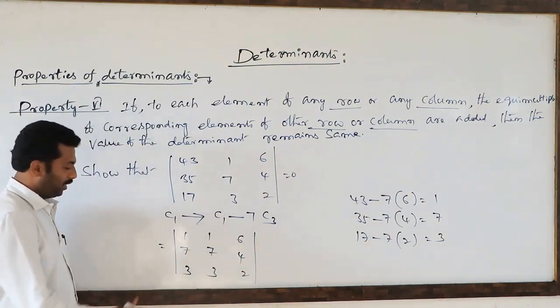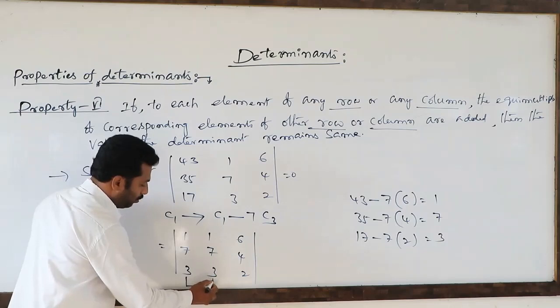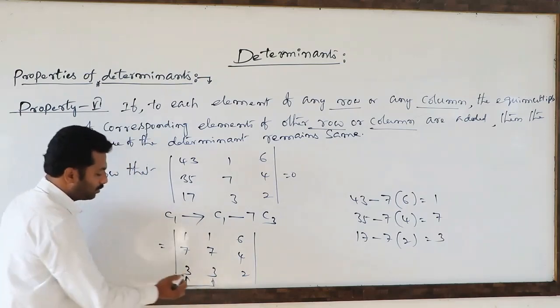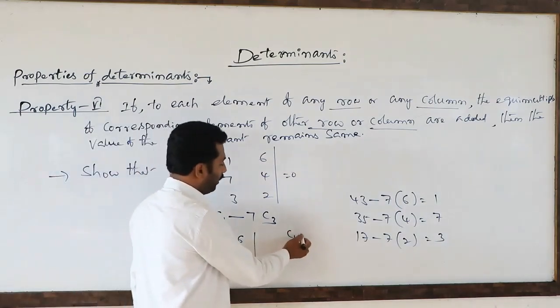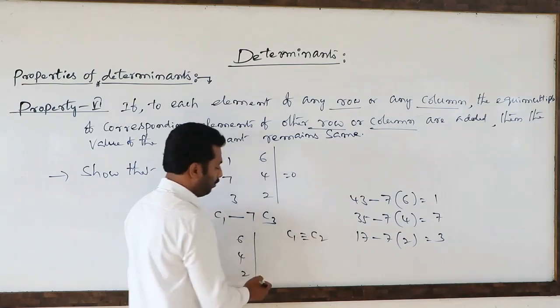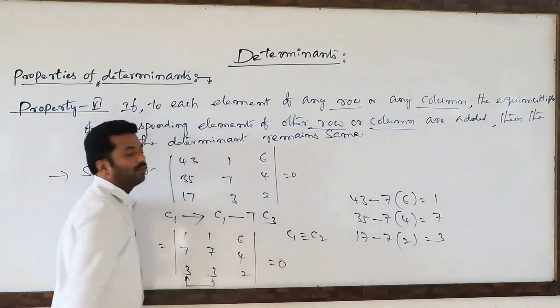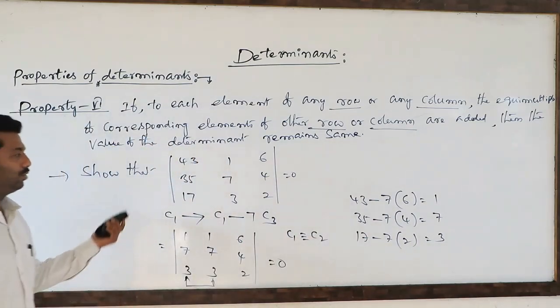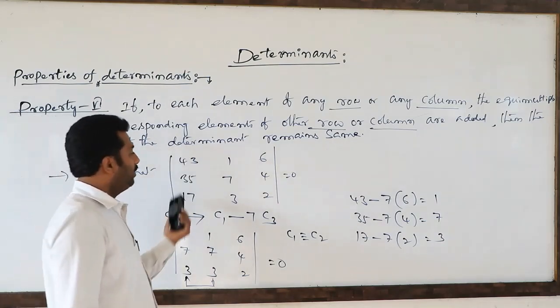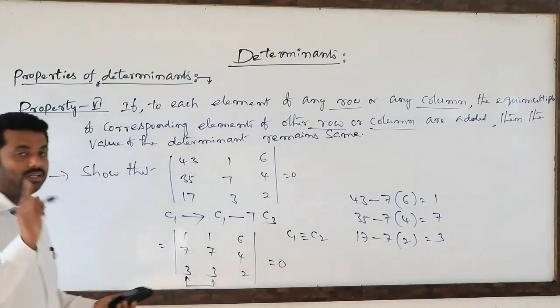You observe that C1 and C2 are identical, so the value of the determinant is always 0. If you know this property, the answer takes only one step.